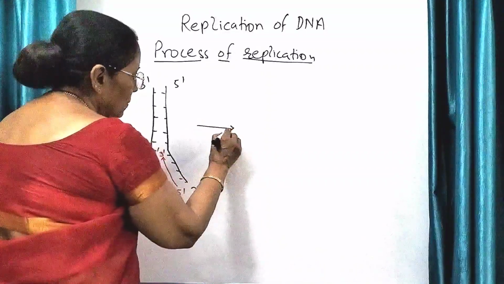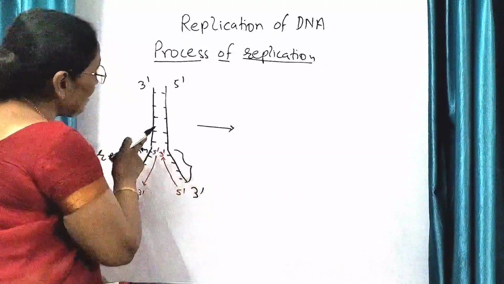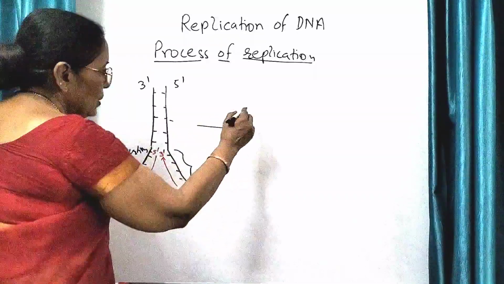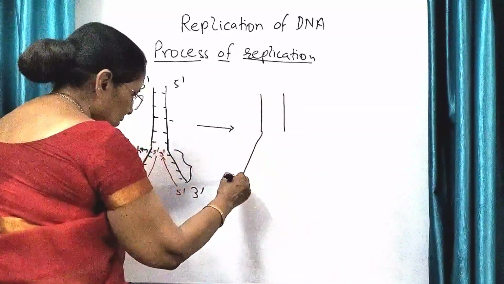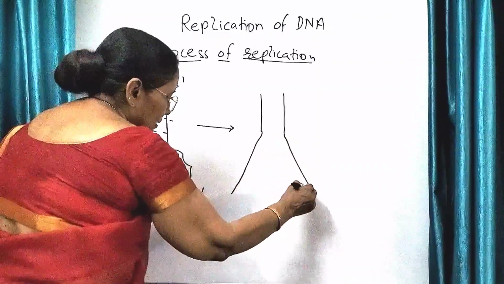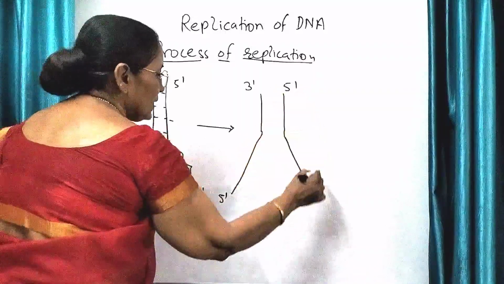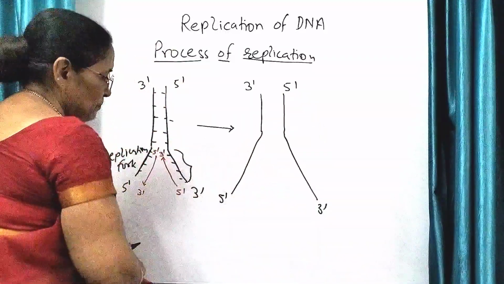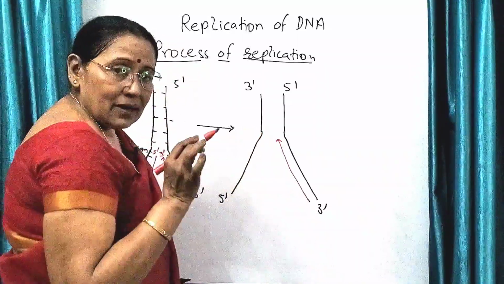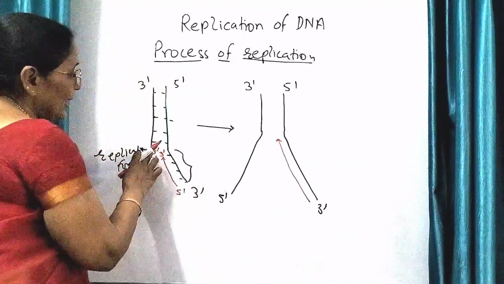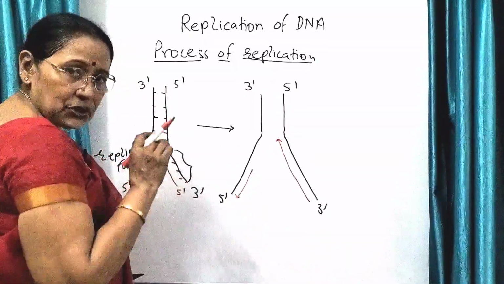Now this strand was opened up to this much. Now I will open it up to this. So this much we have drawn, and then it has opened up. This strand is 5, 3, and this is 5, 3. Now this strand will form a continuous strand, but this strand at first has formed only this much, a short one.